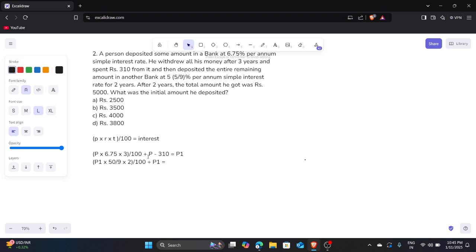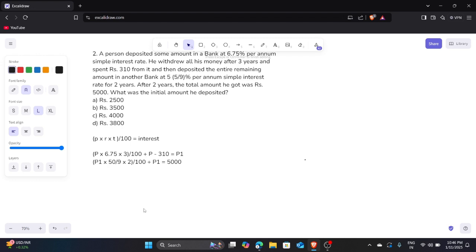So he gets something like 50,000. So first we have to solve this equation. When we try to solve this, we need to find the value of P1.